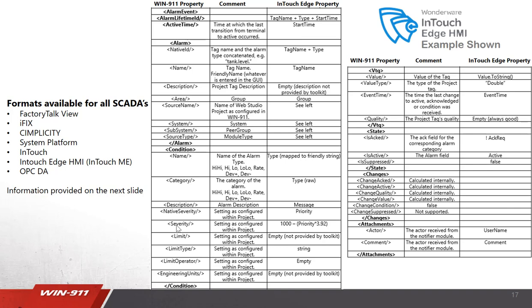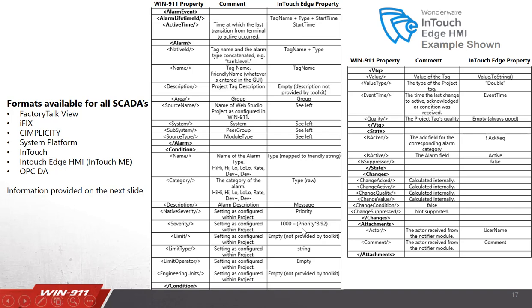Others may have 1 through 5 or 0 through 1,000. So the native severity is always captured and available on the object as a string. And then we map that in a SCADA-specific way to a general severity. And so for Win911, our severities fall within 0 to 1,000, 1,000 being the highest.